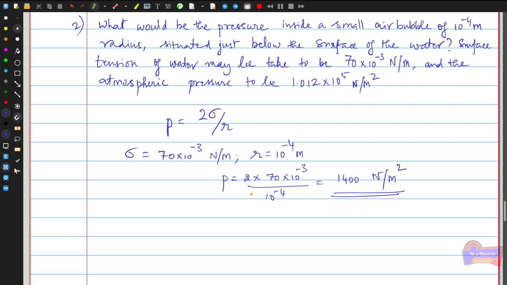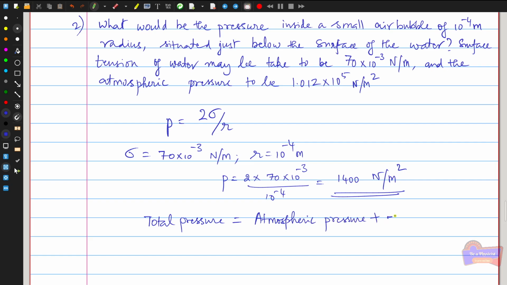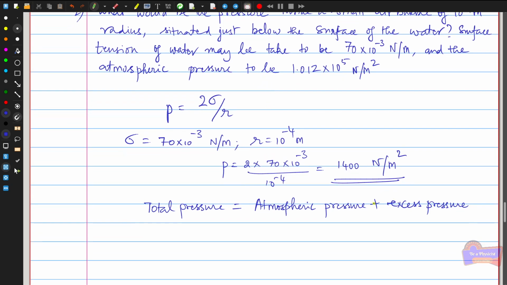From this, you can easily find the total pressure. The total pressure is nothing but the atmospheric pressure plus the excess pressure. The atmospheric pressure is already given in the problem itself, and we have calculated the excess pressure.